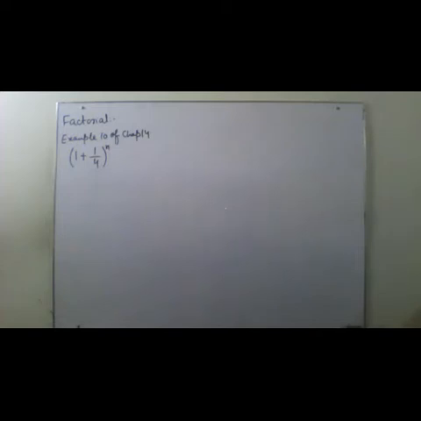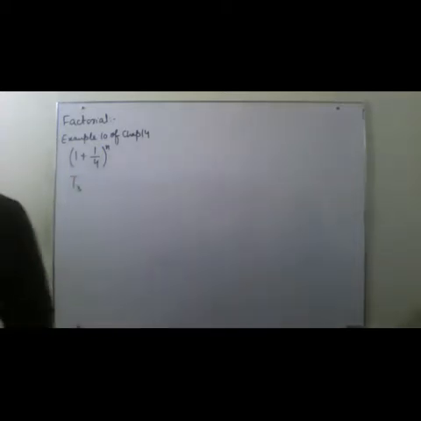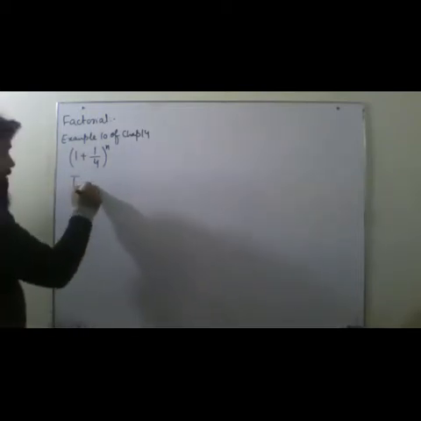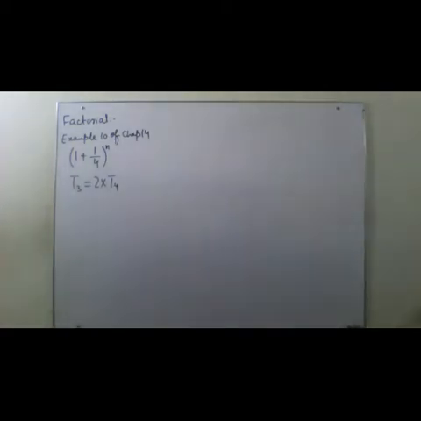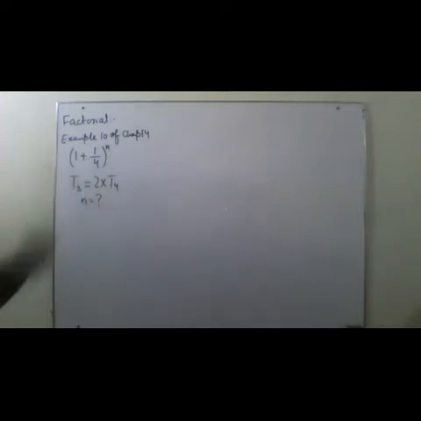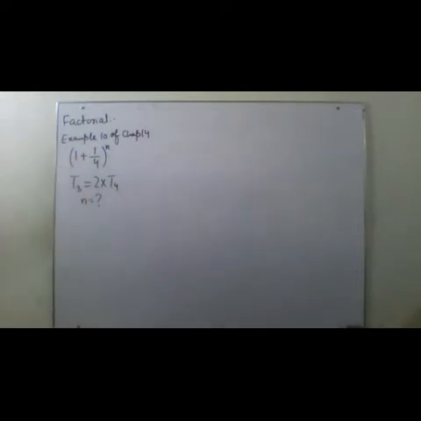Now they are saying that the third term of this binomial expansion is twice of the fourth term. This is given to us. First relation, T3 is 2 times of T4. That's the thing given to us. And they are saying find the value of n. That's the question. That's the simplest question in finding the value of n.